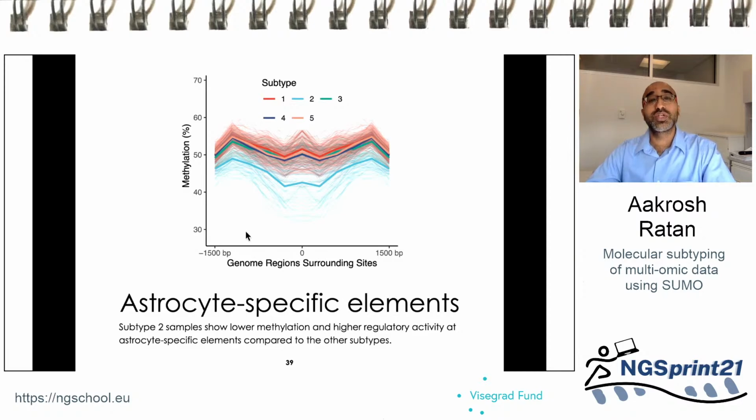And we then looked at methylation, or basically regulatory activity, at these astrocyte-specific elements. What you will see here is it's clear that subtype 2 has lower methylation when compared to the other subtypes when we focus on astrocyte-specific elements. Again, hinting at this idea that subtype 2 appears to be more similar to glioblastoma than to the other lower grade gliomas.